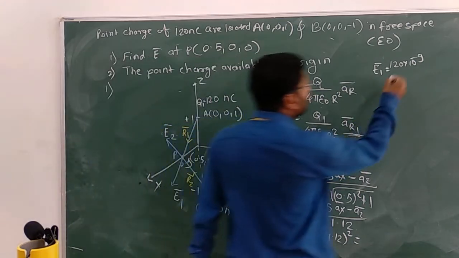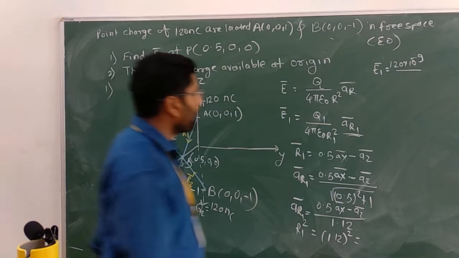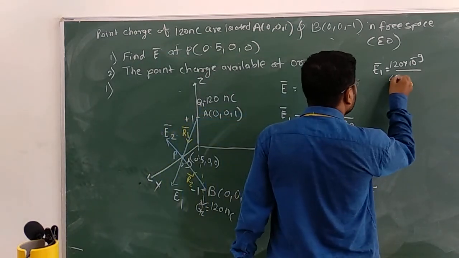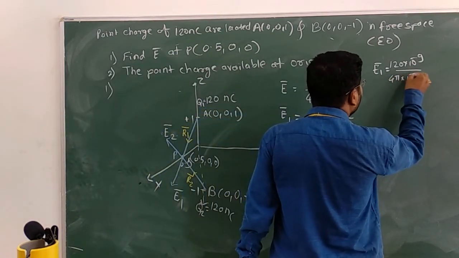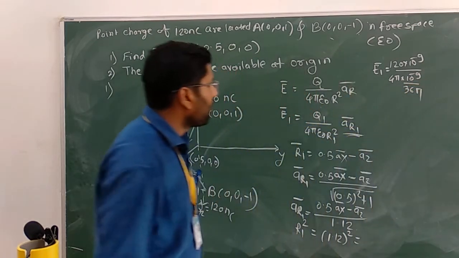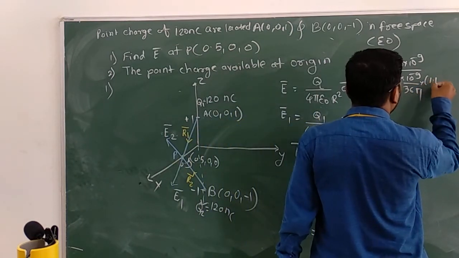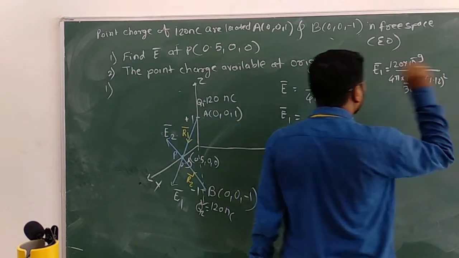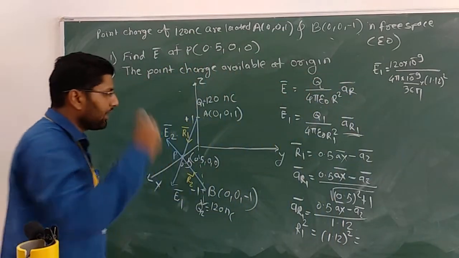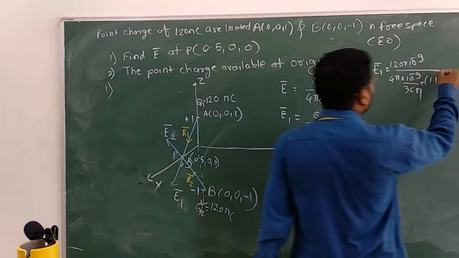Divided by 4 pi epsilon 0, where epsilon 0 is 10 raised to minus 9 divided by 36 pi. R1 square is 1.12 square, and AR1 bar is given by this equation.